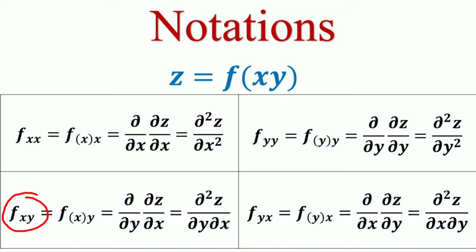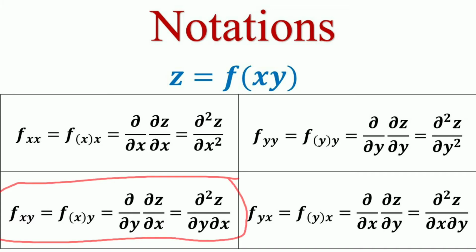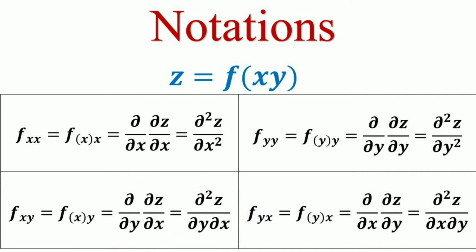The cross partial derivative f of xy measures the rate of change of the first order partial derivative f of x with respect to the other independent variable y. These are the various notations used to explain the cross partial derivative f of xy, that is the derivative of the function z with respect to x and then with respect to y.